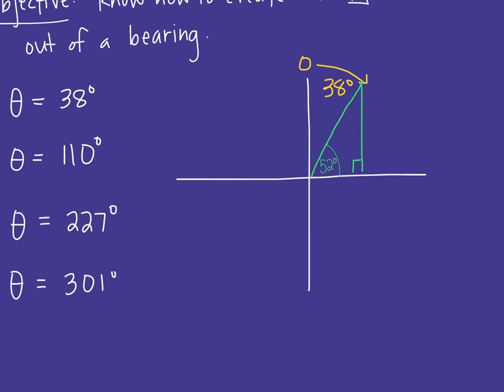I'm going to use the same grid right now, and I'm going to do the 227 with you. All right, so 227, that starts at 0 also, but 227 is going to be in what quadrant? In quadrant 3. So you got to count by 90s. There's 90. There's 90 more. That's 180.